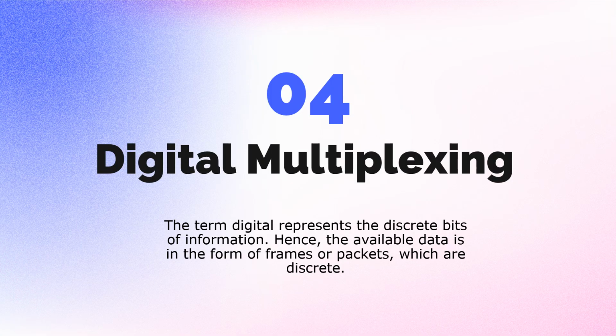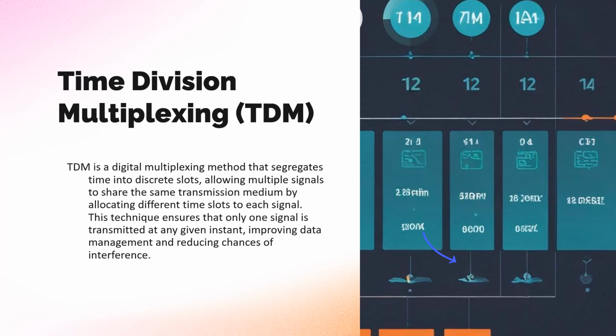Next we have digital multiplexing. The term digital represents discrete bits of information. We have discussed it earlier. Hence, the available data is in the form of frames or packets, which are discrete. In the digital type, we have time division multiplexing or TDM.